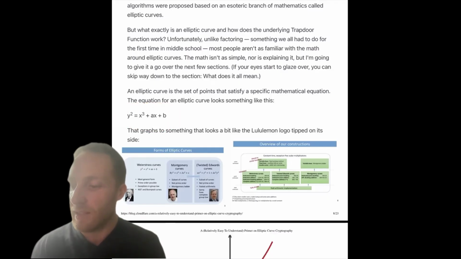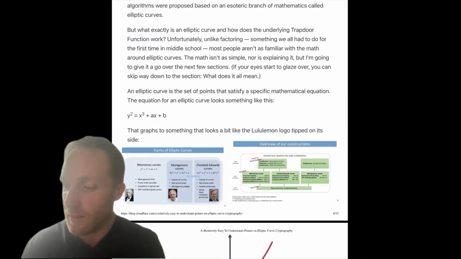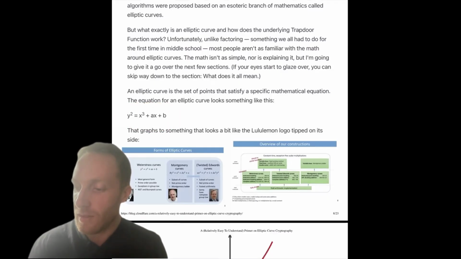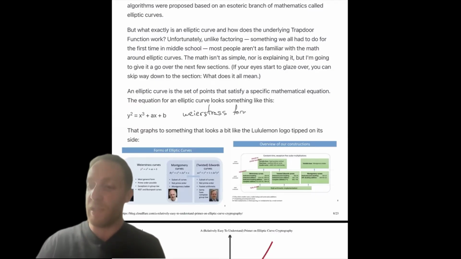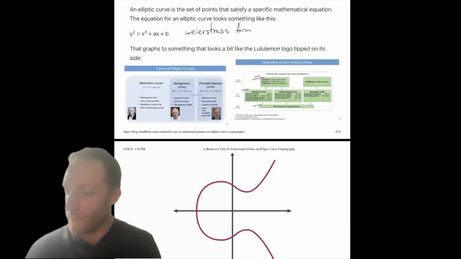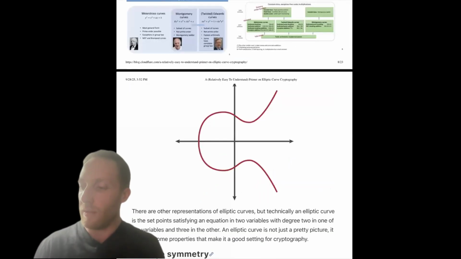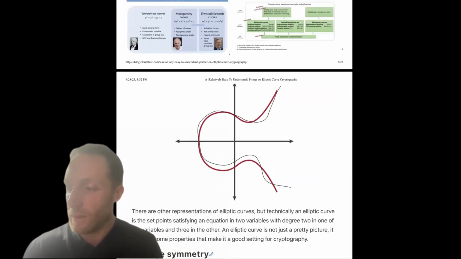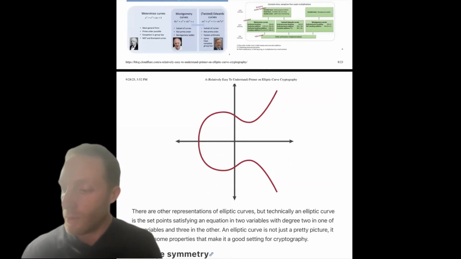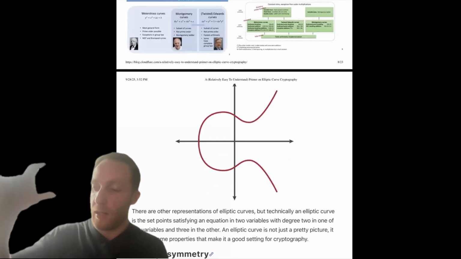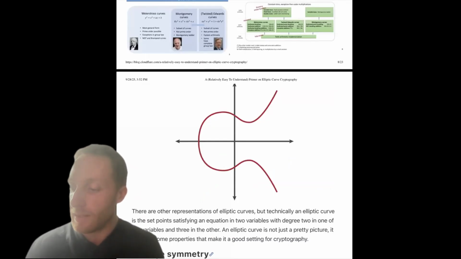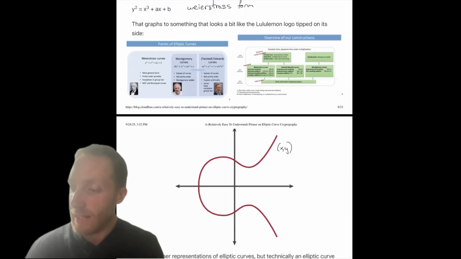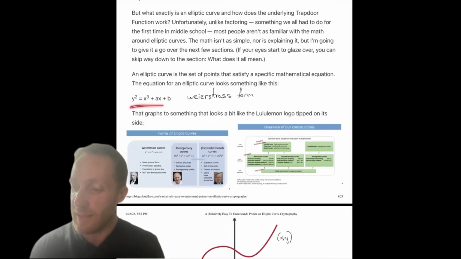It's basically this. We call these elliptic curves defined in Weierstrass form. So this is just your typical elliptic curve. For those of you who have seen this before, this picture right here, the red, this is the elliptic curve. Basically the elliptic curve is the set of points x, y such that this equation here is satisfied.